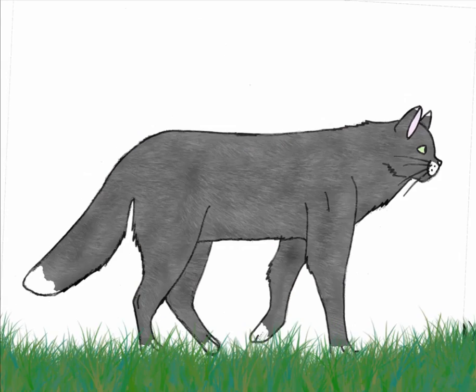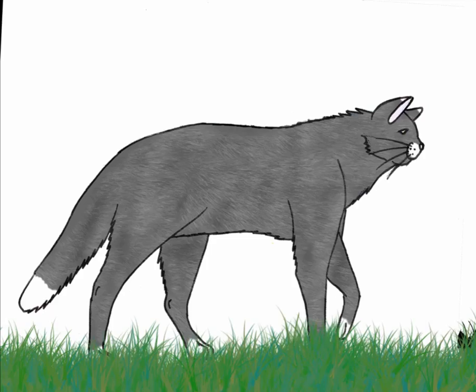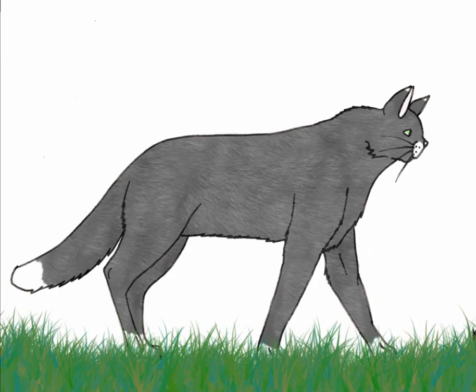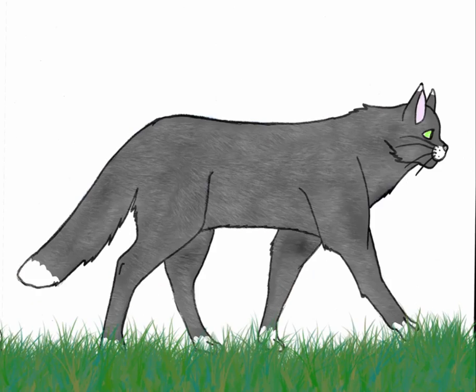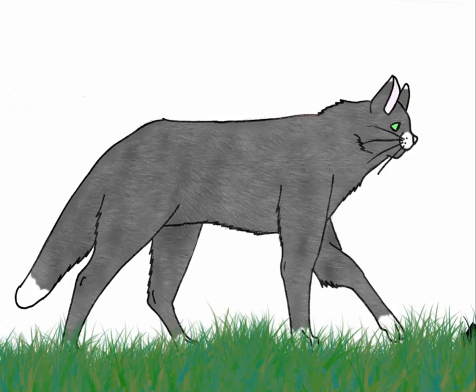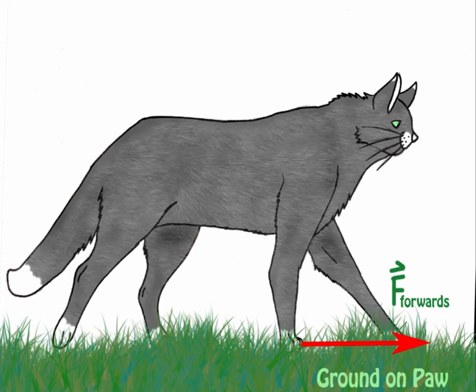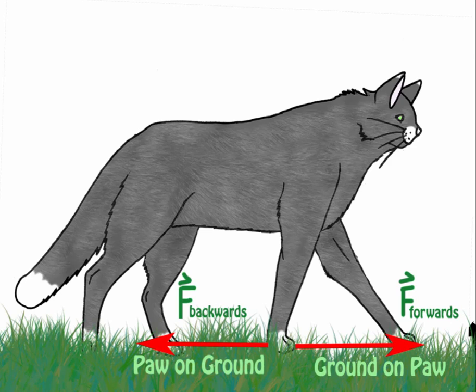So here we have a cat walking, and we have an action-reaction happening between the cat's paws and the ground. Every time the cat takes a step, there is a force that is exerted on the grass, and the grass exerts a force on the paw. We have the ground on paw, which is the forward force, and we have the backwards force, which is paw on ground.